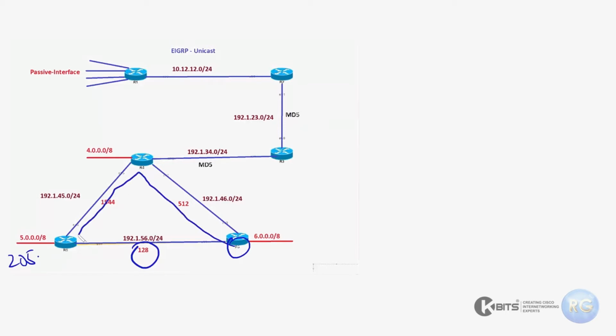Everything is getting sent this way. Agreed? Why? This is a better path, right? What is getting sent on this link? Nothing. It's your insurance policy just in case the first one goes down, correct?